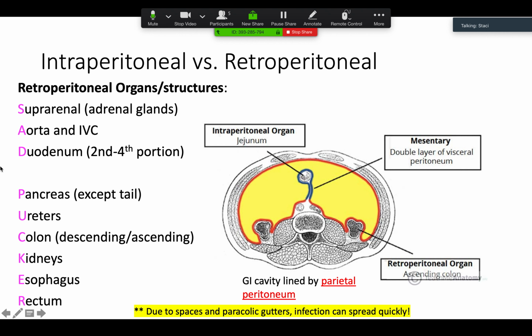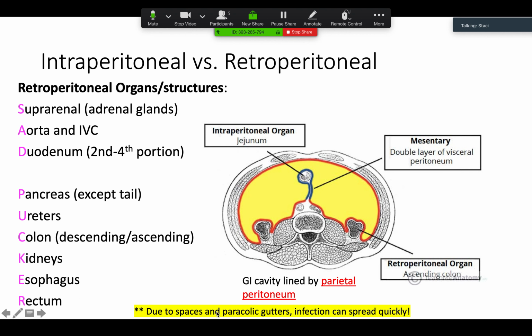The way of remembering these retroperitoneal organs is SAD PUCKER: suprarenal, aorta plus the IVC, duodenum, the second through the fourth portion, pancreas, ureters, colon, kidneys, esophagus, and rectum.